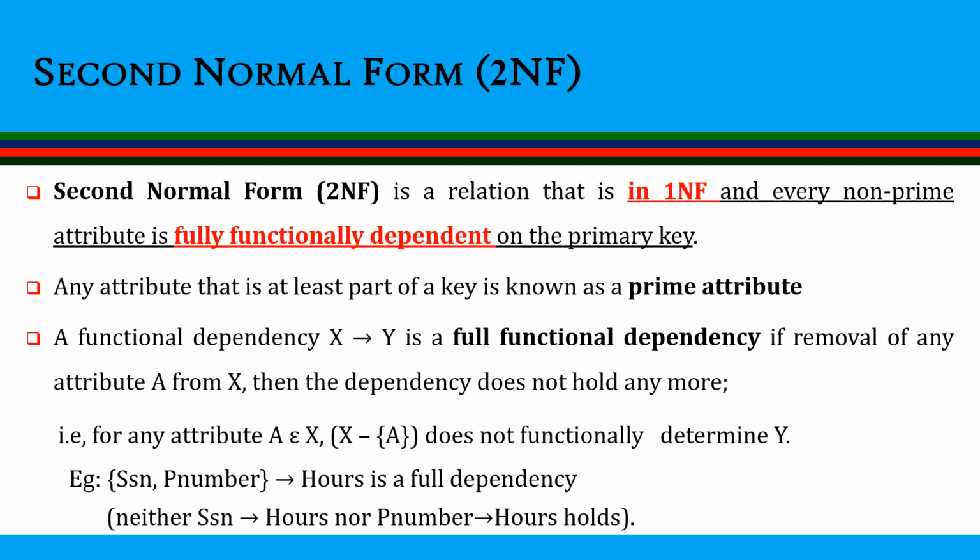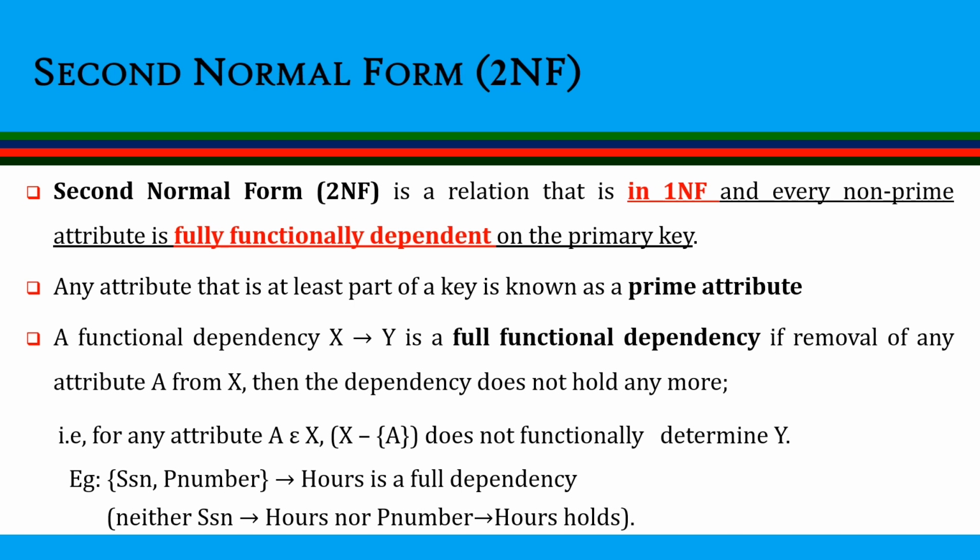A second normal form is a relation that is in first normal form and every non-prime attribute is fully functionally dependent on the primary key. Okay, so we have two conditions to be satisfied. The first condition is the relation should be in the first normal form.